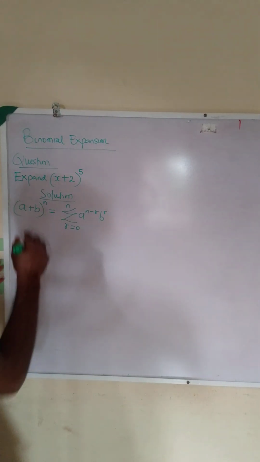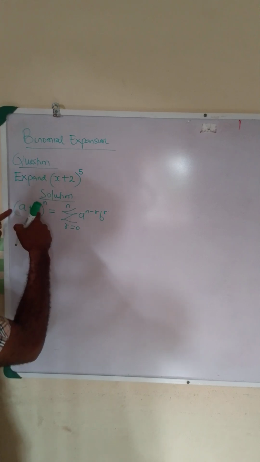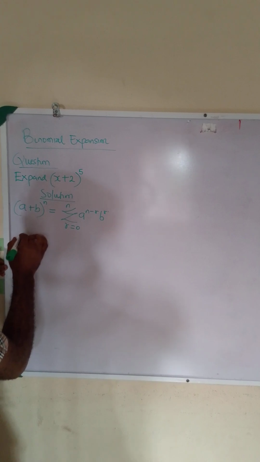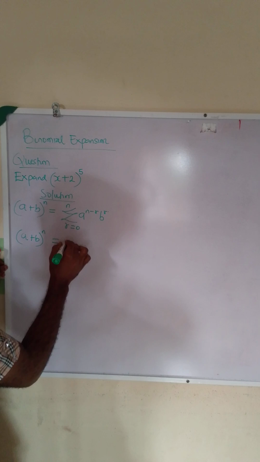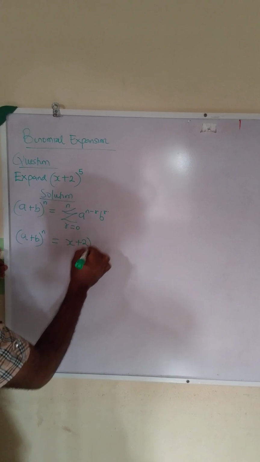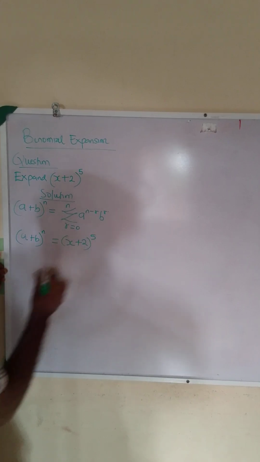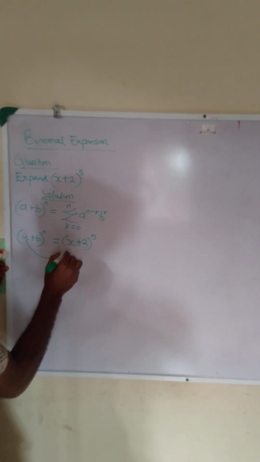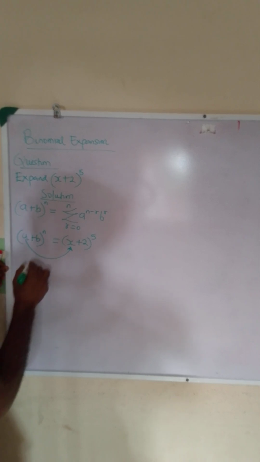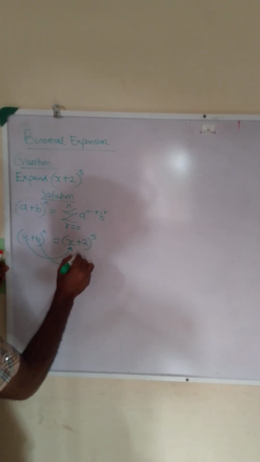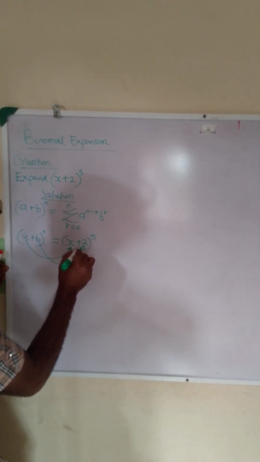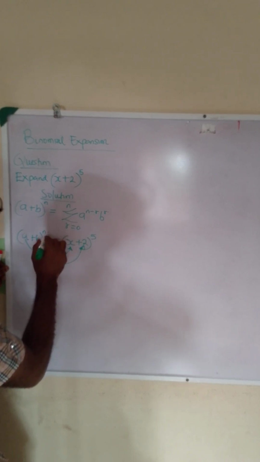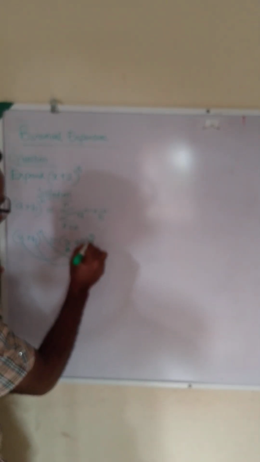So from our question, if we compare this to (a + b) all raised to n, we have (x + 2) all raised to power 5. If we compare these two, we will know that our a is x, our b is 2, and our n is 5.